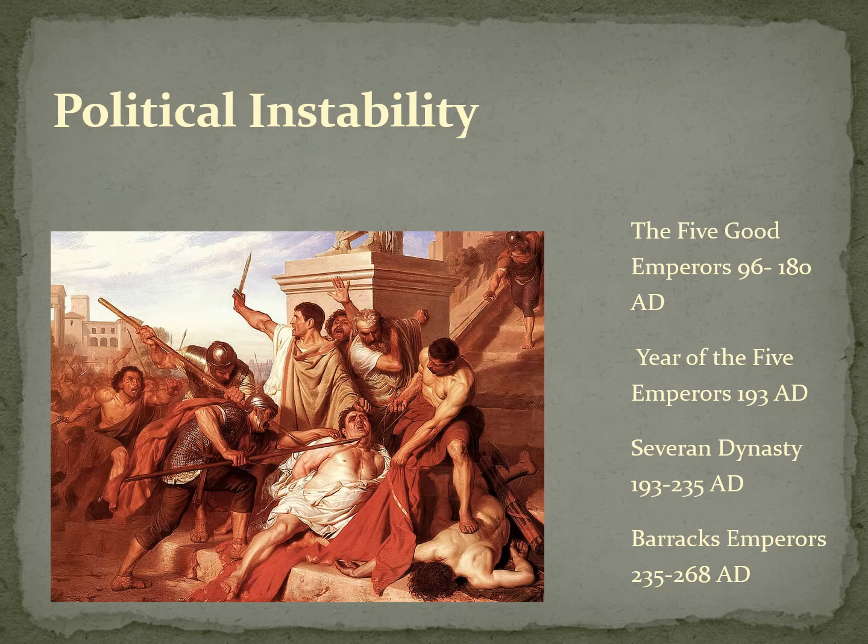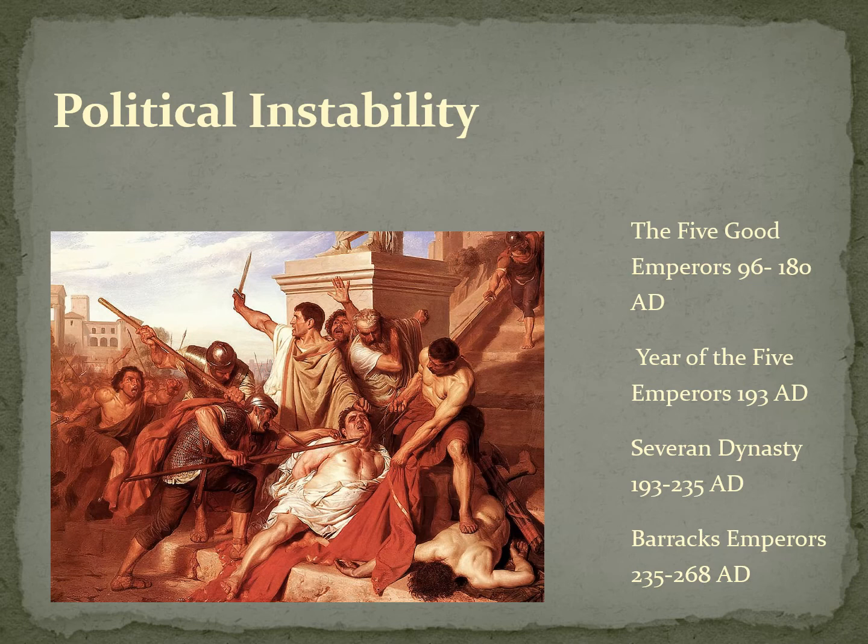There were massive assassinations. And so during this period of time, one of the most dangerous jobs to have was emperor, because if you do the math, most of the emperors during this period only served for about 30 months, 2.5 years, before being assassinated. And only 2 of these emperors died of natural deaths.